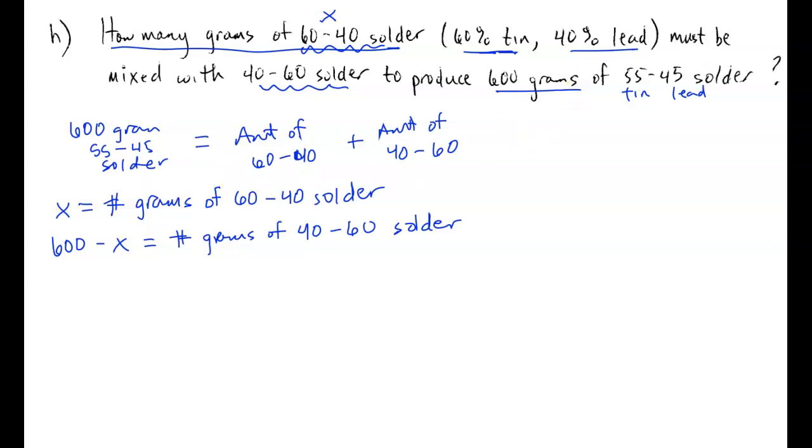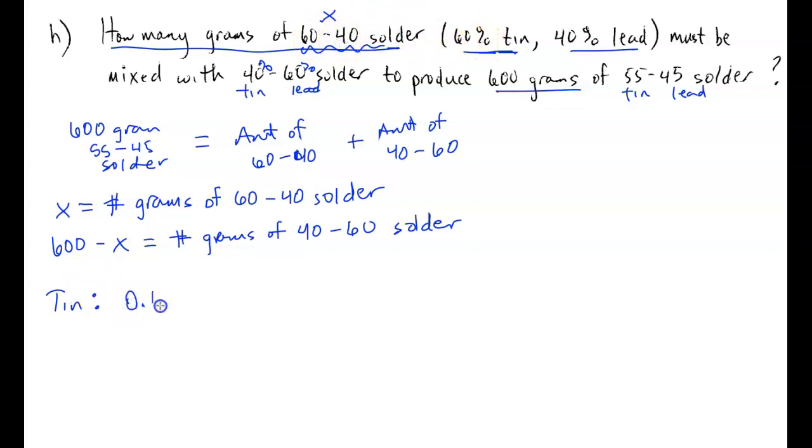If we remember, this 40-60 solder means that 40% of this is tin and 60% of this is lead. So just looking at the tin only, I know that 60% of whatever this 60-40 solder is just going to be tin.